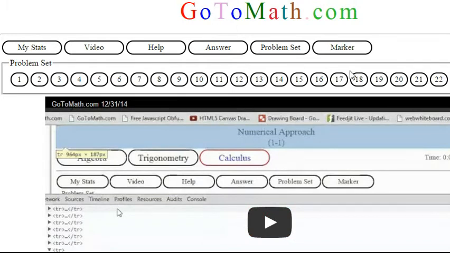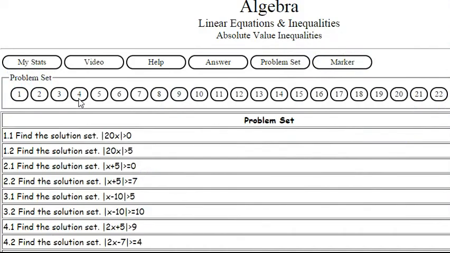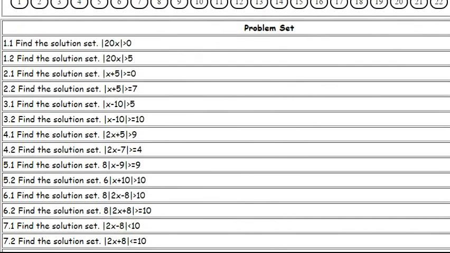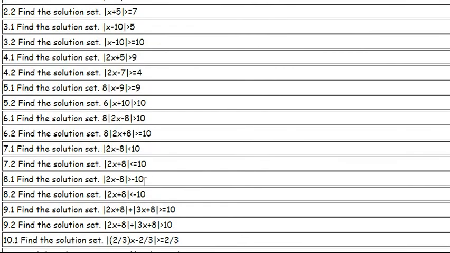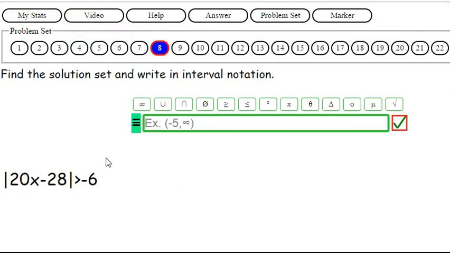Okay, we're here at GoToMath.com. Click on algebra. Let's go down to absolute value inequalities, and we are looking at 8.1. Okay, find the solution set and write in interval notation. So let's go ahead and write this one down and get that out of the way.